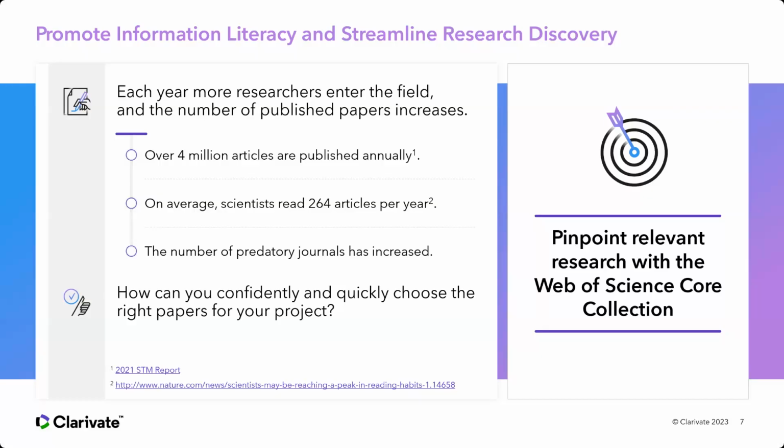On this screen, you have this STM report in 2021 that mentions that over 4 million different articles are published annually. So as a researcher, on average, you would probably be able to read just about 264 articles in a year.